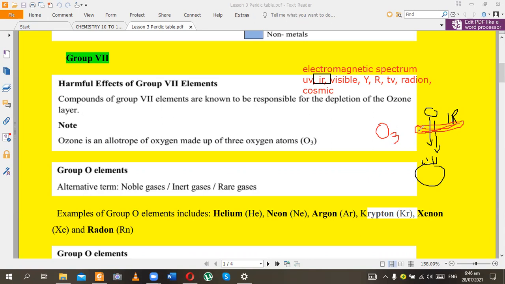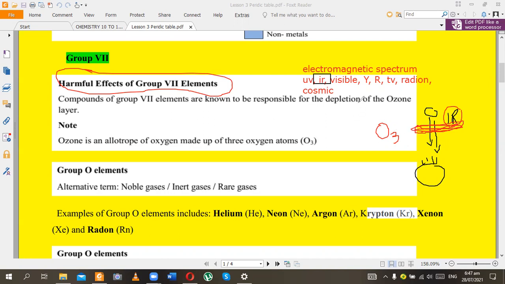Now, the way these rays, these vicious rays, come approaching us, they are not that friendly. So what happens is that we have this shield that makes sure that we are slightly protected. Okay. Now, in the presence of these group 7 elements, the ozone layer starts depreciating.